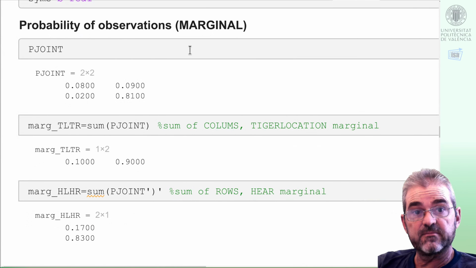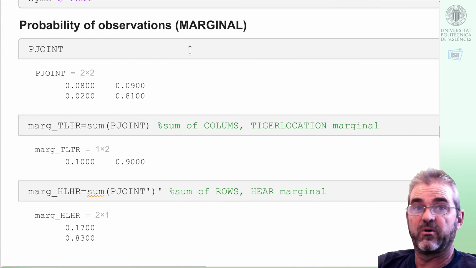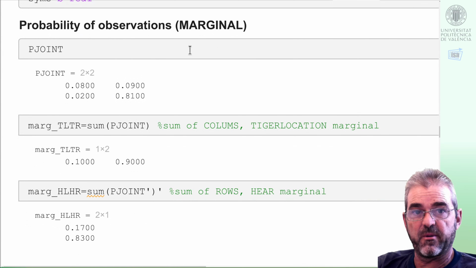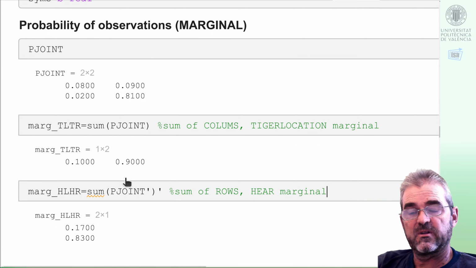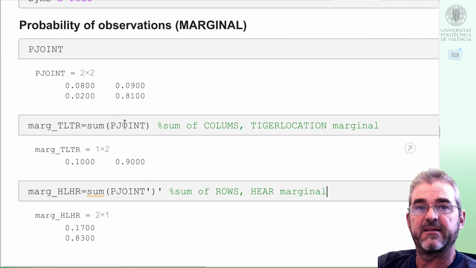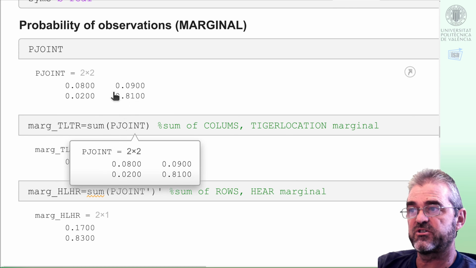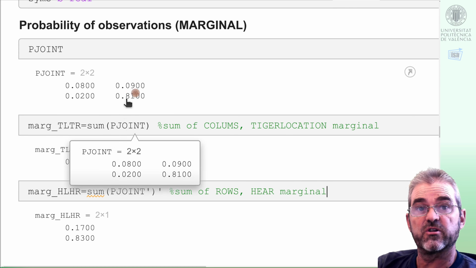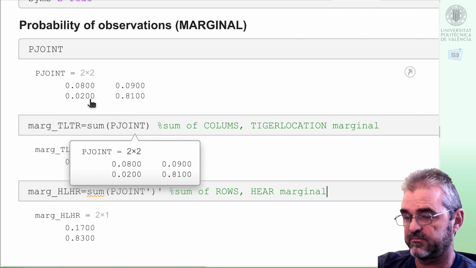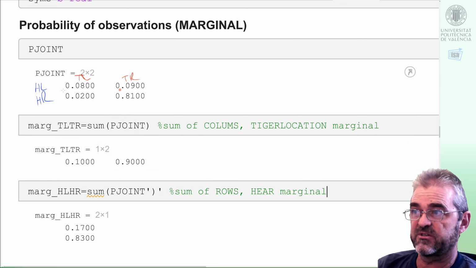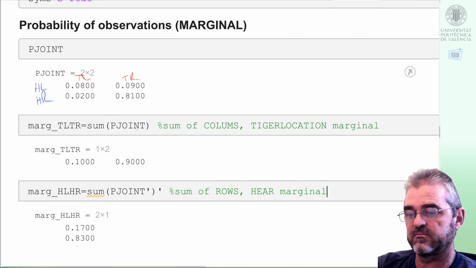We'll first compute or extract what we call the marginal probability distribution. What do we understand by marginal distribution? Well, let's see. Let us first do the computation, and if we have this joint probability table, I label columns and rows to understand what it was.